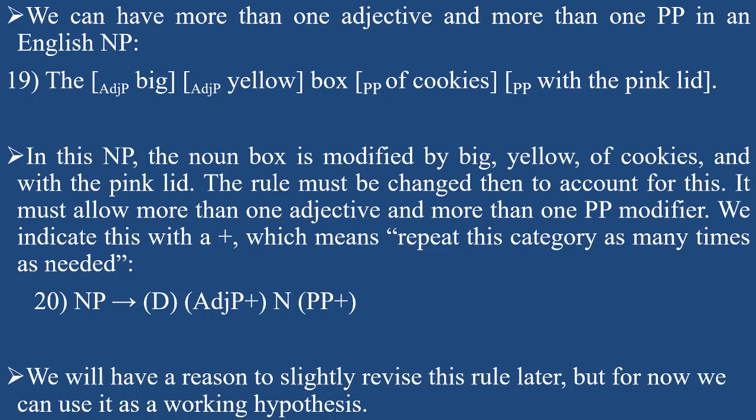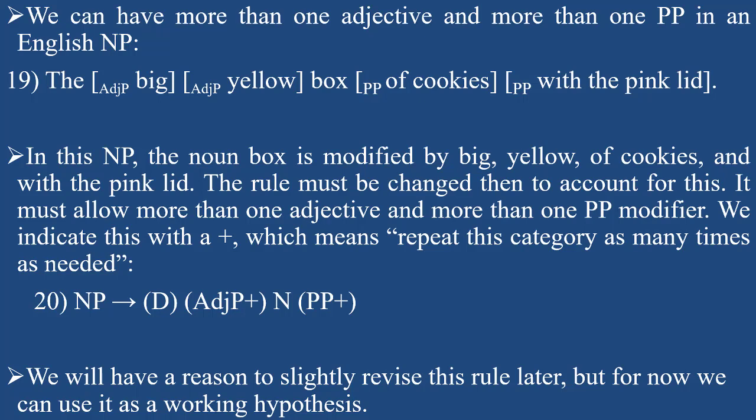So we need again to revise our rule. It must allow more than one adjective and more than one PP modifier. We indicate this with a plus, which means repeat this category as many times as needed. So an NP is composed of a determiner, which is optional, a number of APs, you see AP plus, that is more than one, and a noun, obligatory, and a number of PPs, of course, again, more than one prepositional phrase.